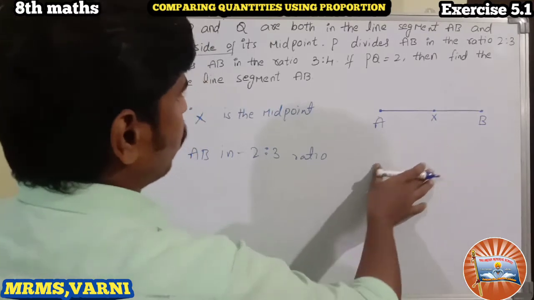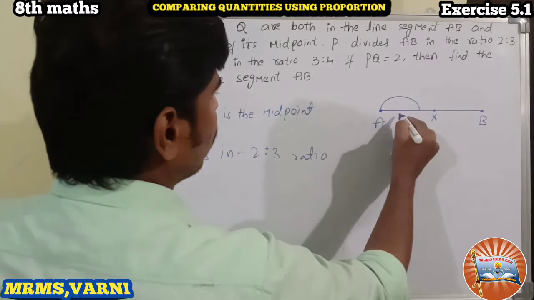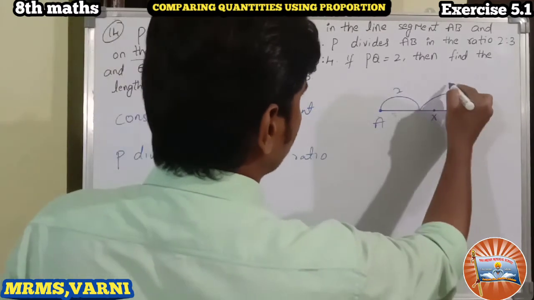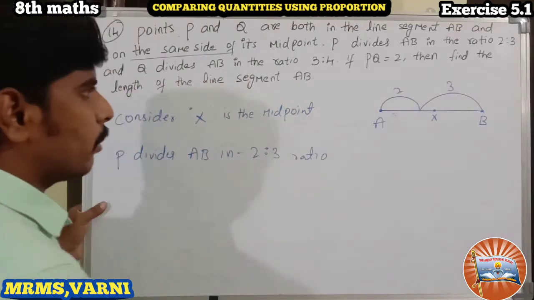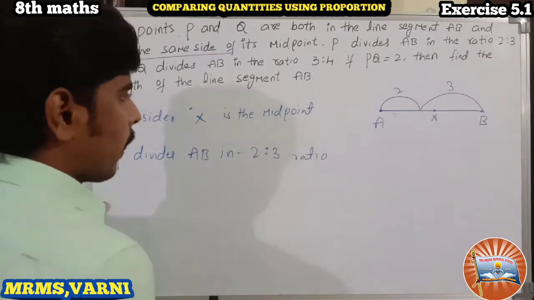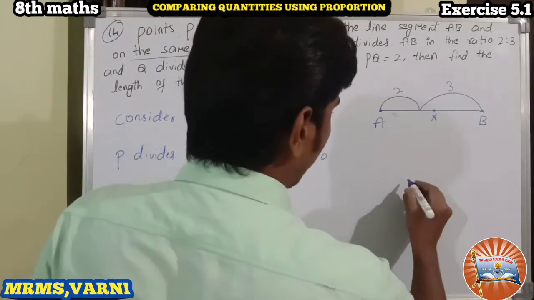So P divides AB in 2:3 ratio. This is 2 parts, this is 3 parts. Next, total parts is 5. Total parts are 5.